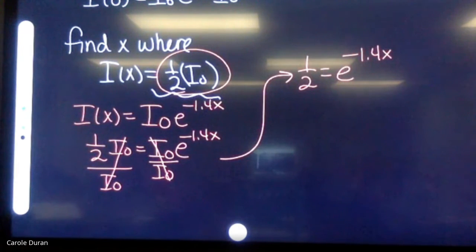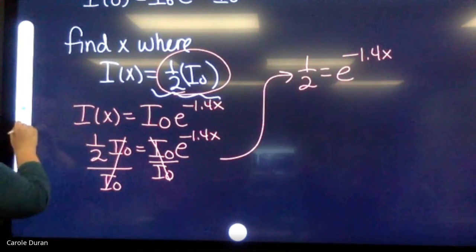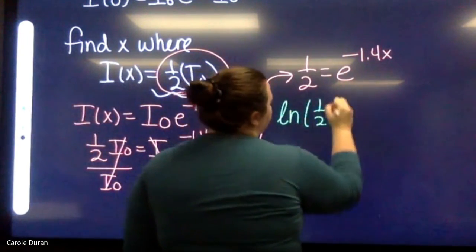The natural log is the only way to cancel out that base of e to bring my exponent down to the main level. What I do to one side, I also have to do to the other. So I'm going to take the natural log of both sides.